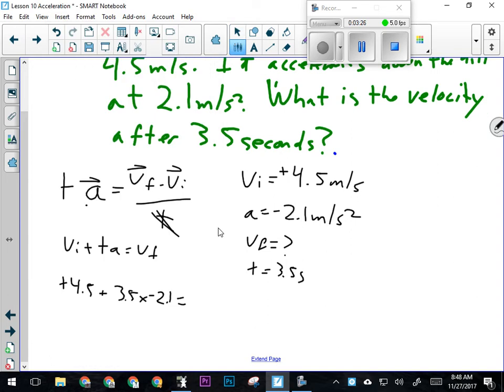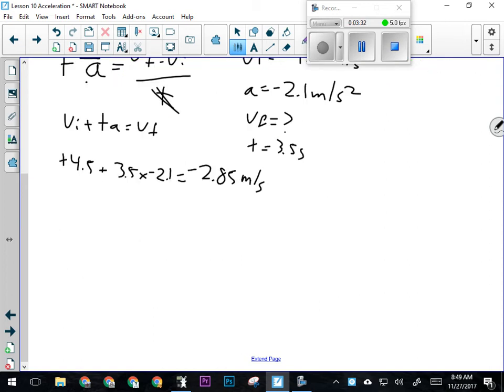Now here's one of the tricks. Mathematically, this comes out to negative 2.85 meters per second. What do we need to write it as? Not an acceleration. We need to say not down, but downhill. I know that seems really anal, and it is, but that's physics.